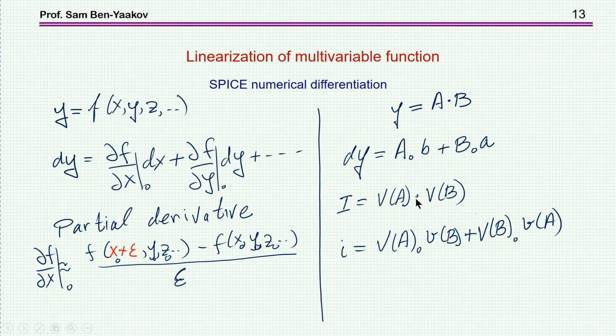If these are voltages and the small a and small b are actually small signals, then what we get here is the DC of a times the AC of b plus the DC of b times the AC of a. So this is the differential of this function.